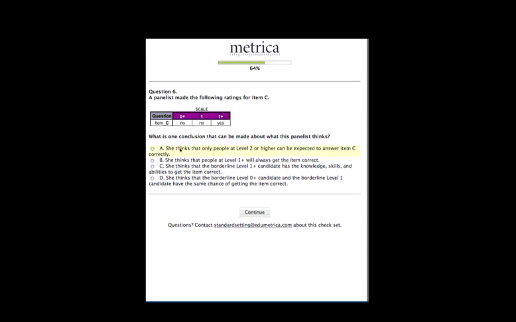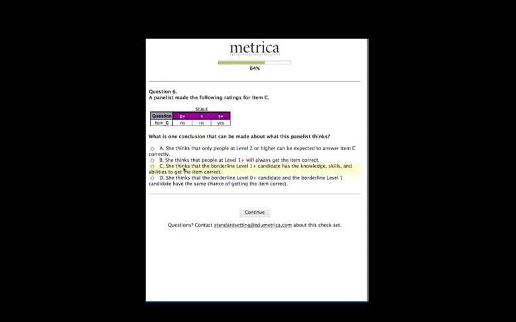Does she think that only people at level 2 or higher can be expected to answer item C correctly? No, because she thinks that borderline level 1+ people can. So this is incorrect. Does she think that people at level 1+ will always get the item correct? Also not true. Some people at level 1+ will get the item correct. Some people at level 1+ will get the item incorrect. That's not what this judgment means.